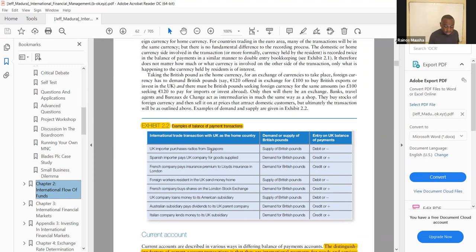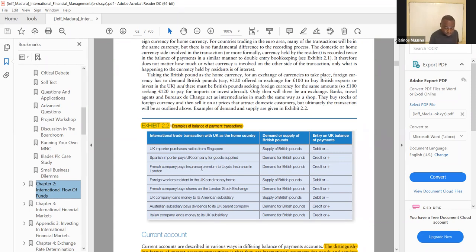From the UK's perspective, the importer is supplying the British pound to buy the foreign currency so that they're able to buy the radios. So in this case, it's a debit entry in the balance of payments. If the Spanish importer pays a UK company for goods supplied, there's demand for British pounds because they want British pounds to buy the goods. So in this case, it's a credit entry.